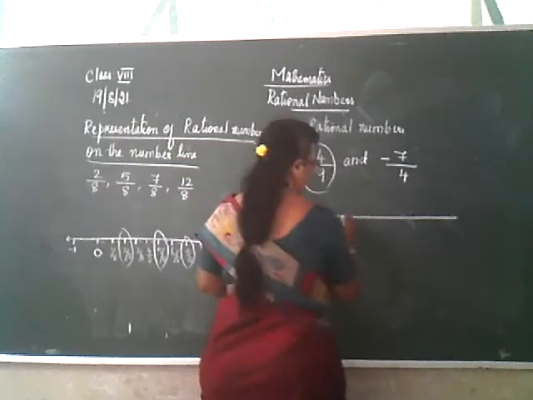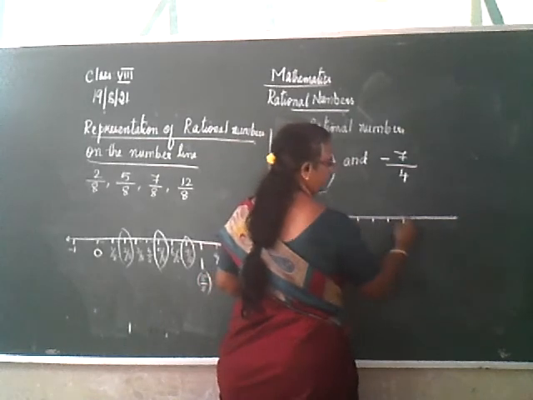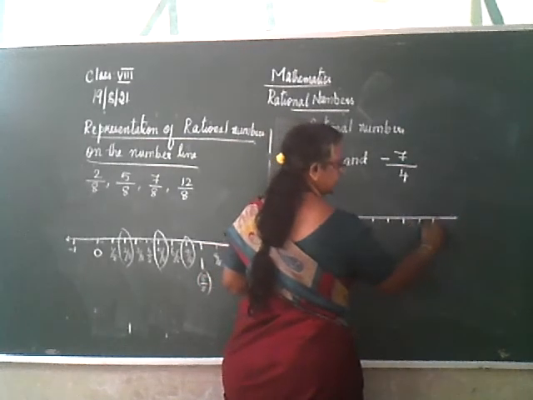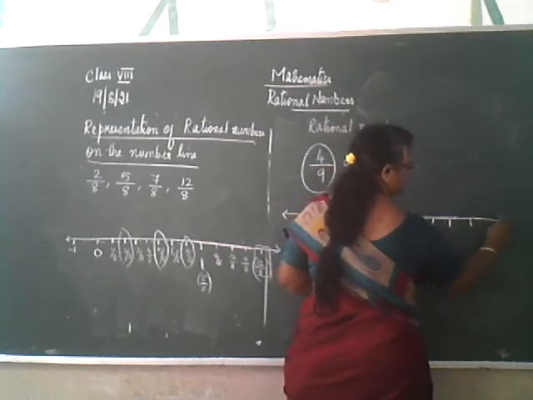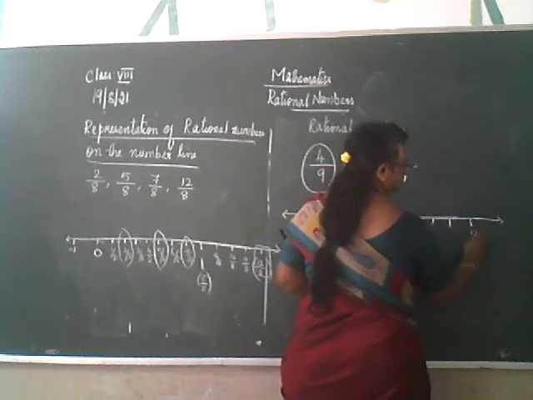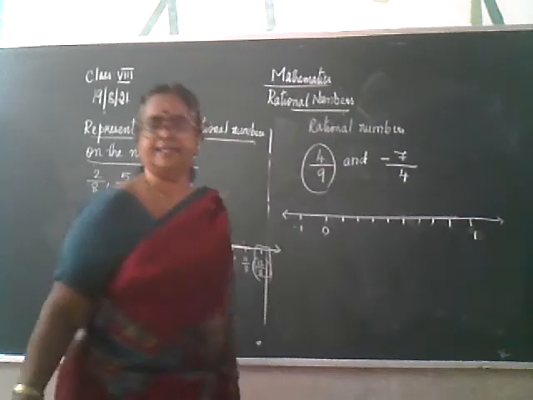So 1, 2, 3, 4, 5, 6, 7, 8, 9. Okay. 9 by 9 is 1.